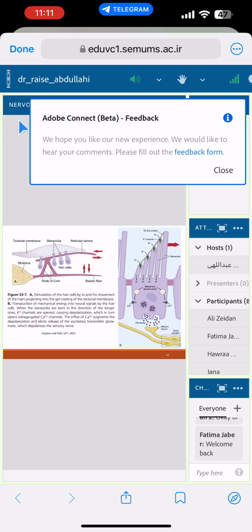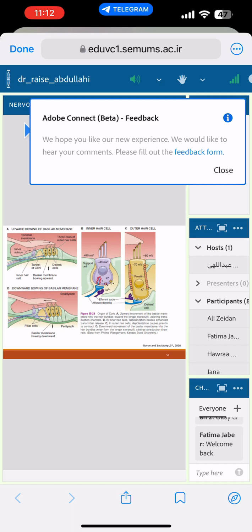Here is filled with endolymph with positive 80 millivolts, and inside of hair cells we have about minus 70 millivolts. So we have about 150 millivolts of electronegativity difference between the inside of the hair cells and the endolymph, which is a huge difference.